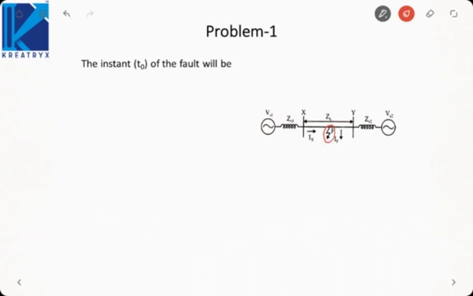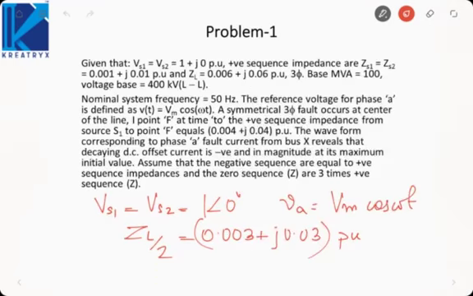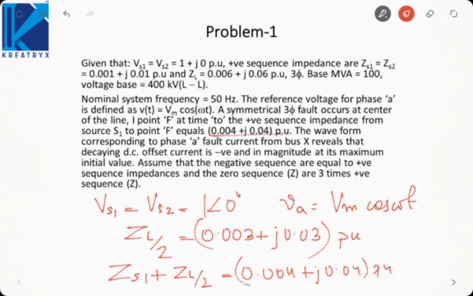Fault is occurring here, and the impedance from source 1 to F will be Zs1 plus ZL by 2, which will be 0.004 plus J0.04 pu, which is given in the question also.